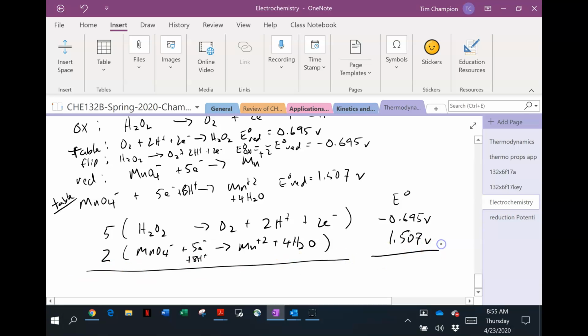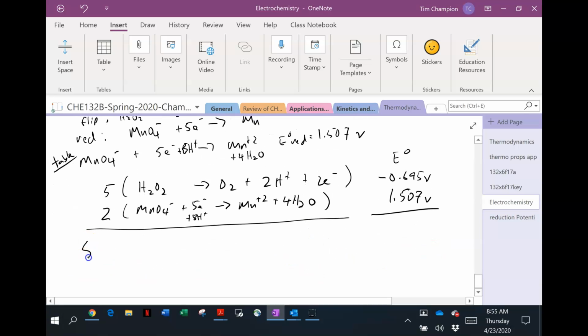So if we get our overall reaction, 5H2O2 plus 2MnO4 minus plus 10 electrons plus 16H plus goes to 5O2 plus 10H plus 10 electrons plus 2Mn plus 2 plus 8 H2Os.